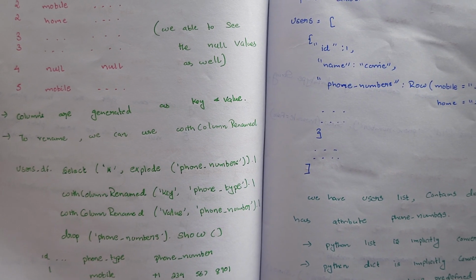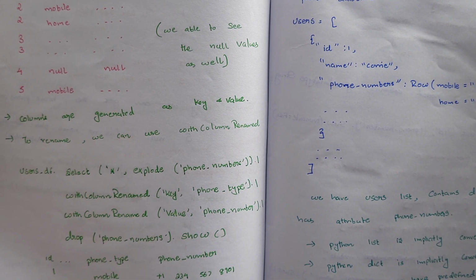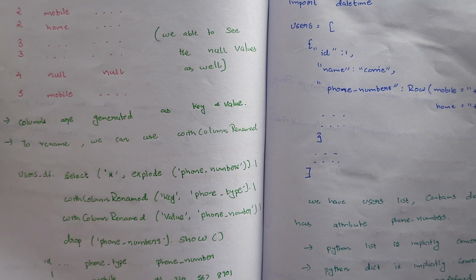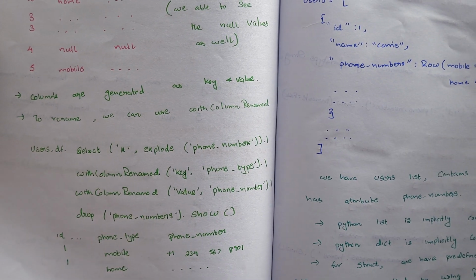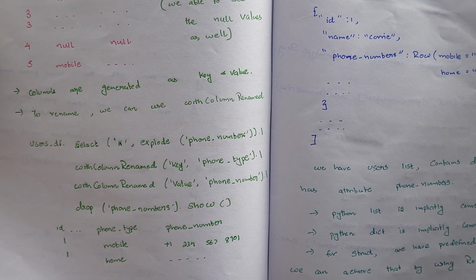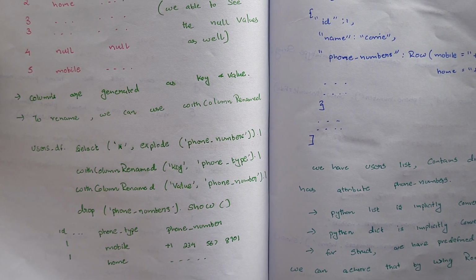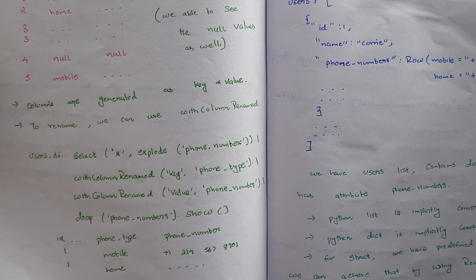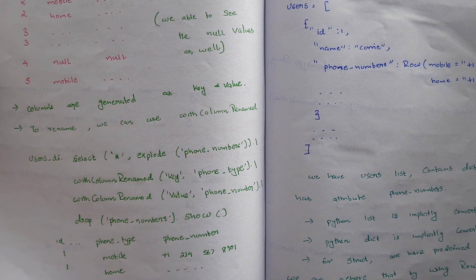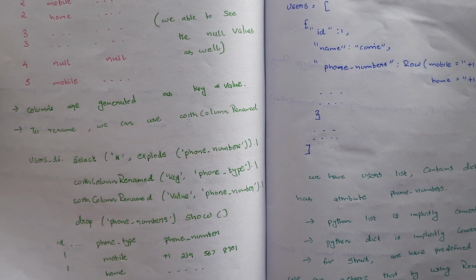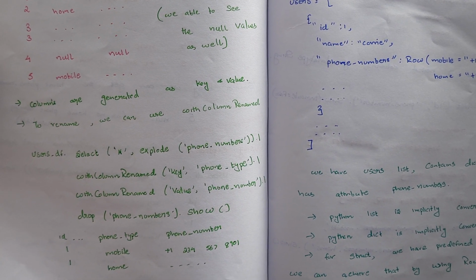The columns are generated as key and value. To rename, we have to use withColumnRenamed. users_df.select star, explode phone number, then withColumnRenamed, which is used to rename the column names.